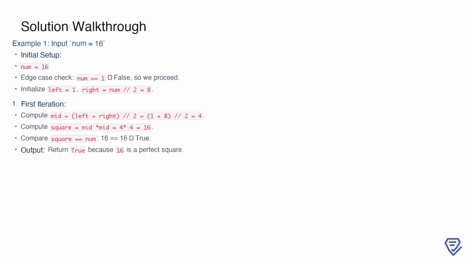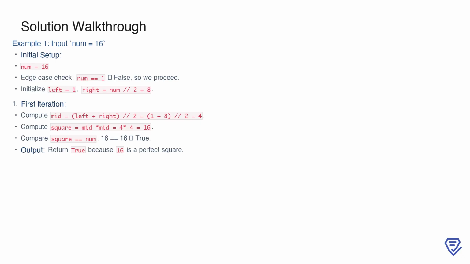Let's start by exploring the first example where the input is number equals 16. We begin with the initial setup. The number is 16, and since it's not equal to 1, we can skip the edge case check and proceed. We initialize our binary search range with left equals 1 and right equals number // 2, which gives us right equals 8.